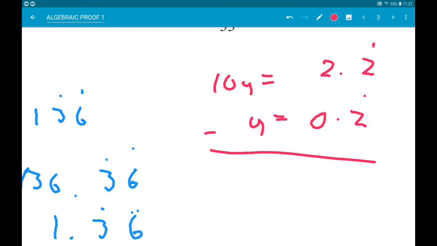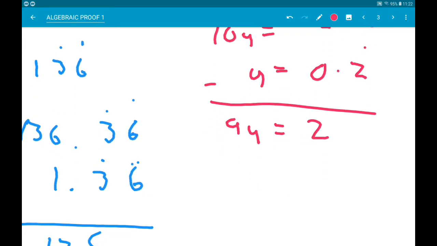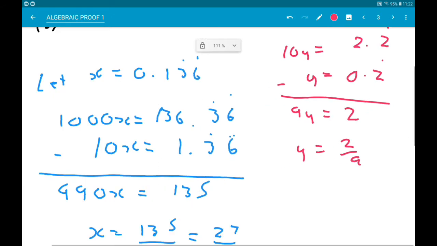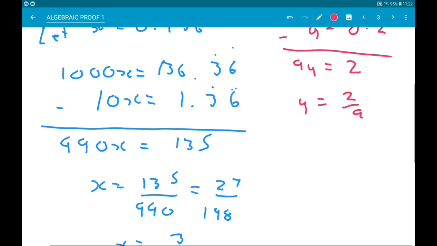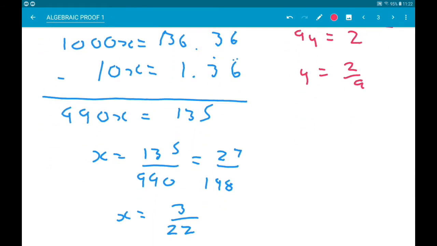Do the subtraction, 9y is equal to 2. So y is 2/9. Okay, so we now want to multiply 3 over 22 by 2/9.